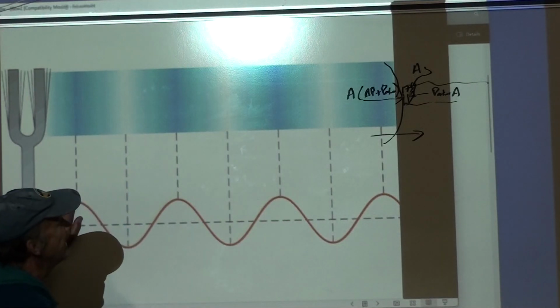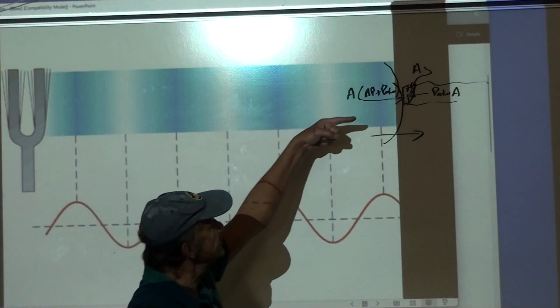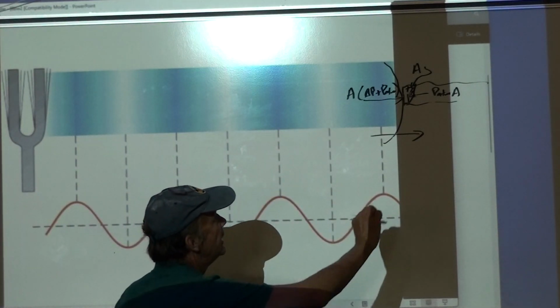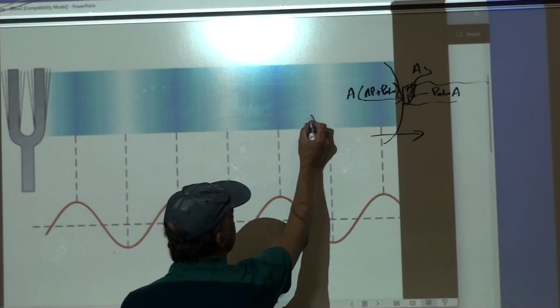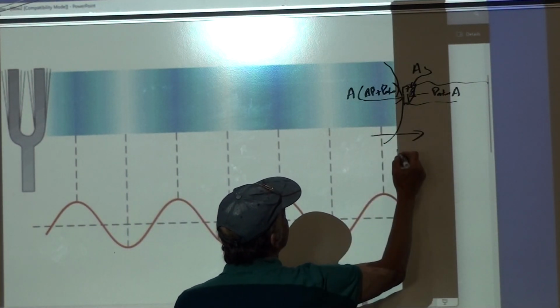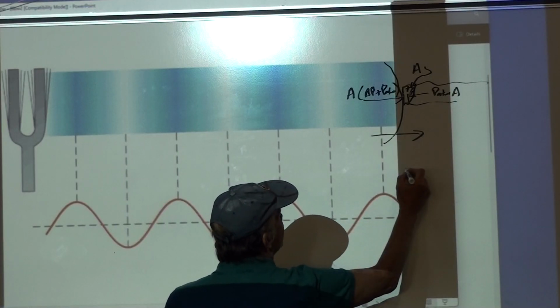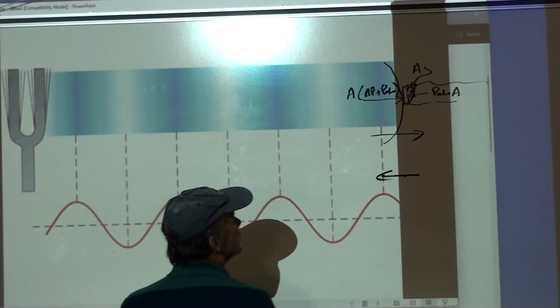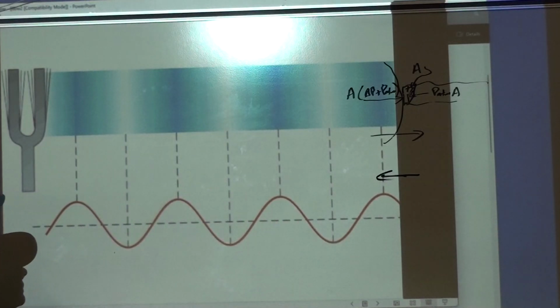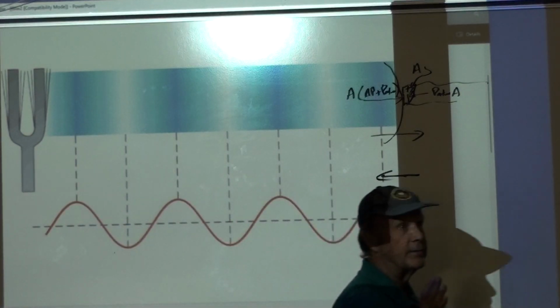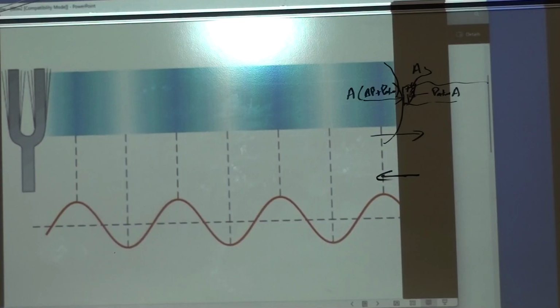When delta P is a maximum, that delta force will push this way. When delta P is a minimum, then this will be minus delta P, then that'll give you a net force which will push that way. And so that is then what causes the simple harmonic motion vibration of your eardrum.